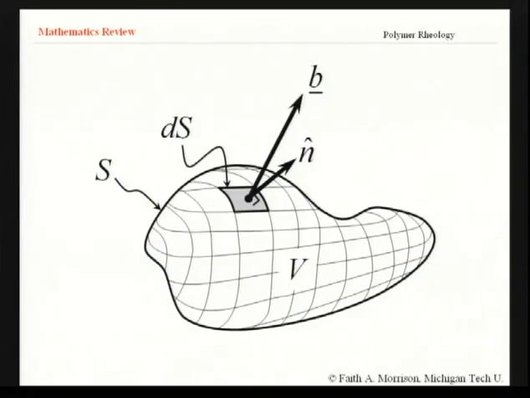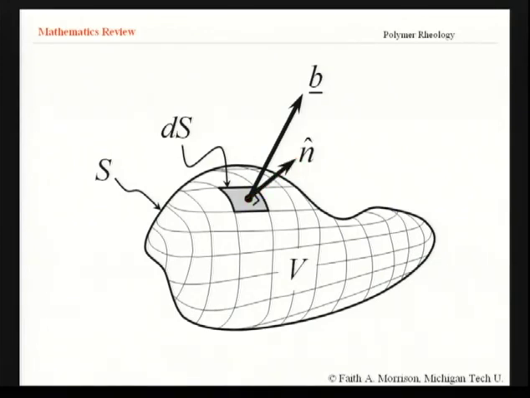So for instance, if we look at an arbitrary surface, this is sort of an arbitrarily shaped surface, n is always by convention taken to be the outwardly pointing unit normal at some position in space. So here's an arbitrary position in space. Here's a little piece of surface at that location. So the surface has an orientation given by n.